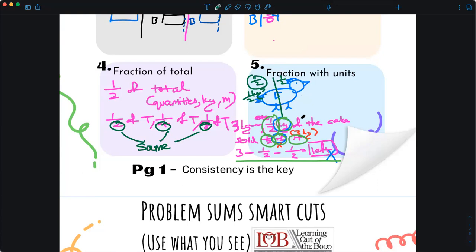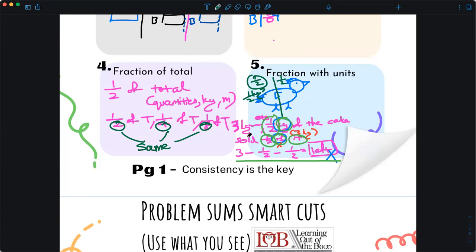So pardon me for trying my best to draw the chicken. This is the best I can draw. This is just to illustrate that half of the chicken is actually not half kg of the chicken.